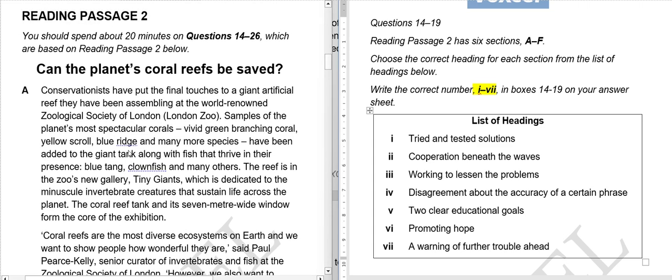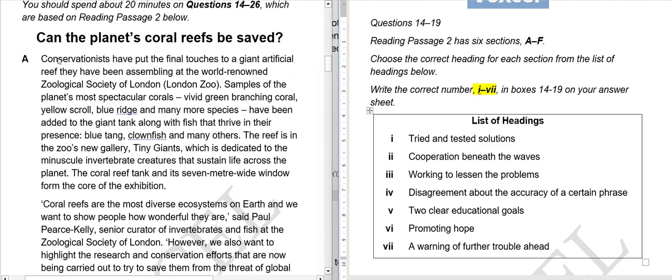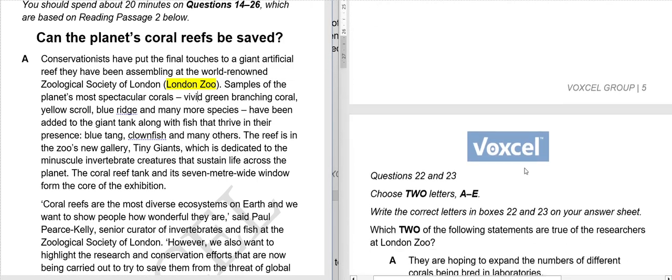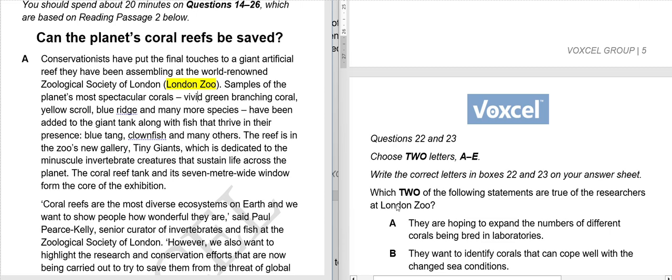First paragraph or first section: conservationists have put the final touches to a giant artificial reef they have been assembling at the world-renowned Zoological Society of London, London Zoo. So here is something about the London Zoo.